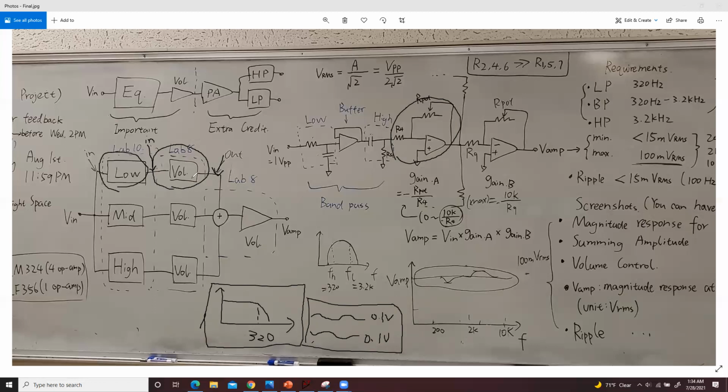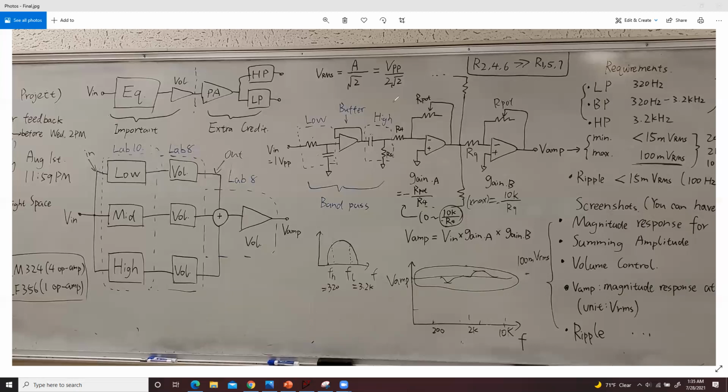After you test the low pass filter and the inverting amplifier, you can combine them together. What you're going to do next is put here as input and here as output. You're still going to use the network analyzer to test it.